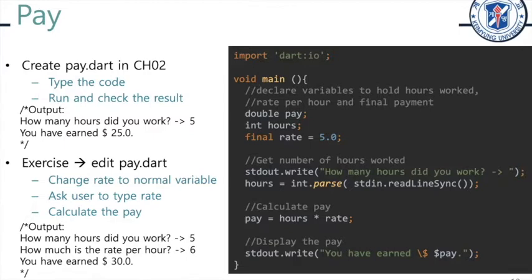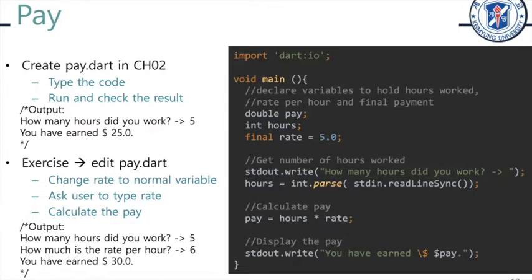You can just type this code, and the goal of this program is to multiply how many hours you worked by your known rate. Finally, it will give you the final pay.